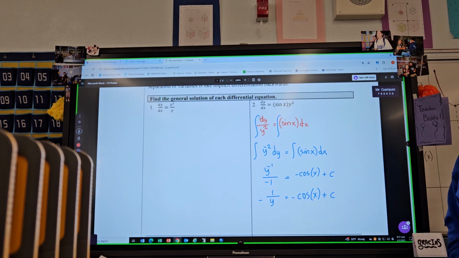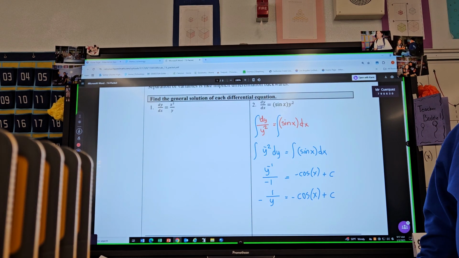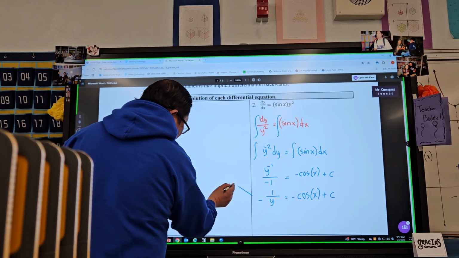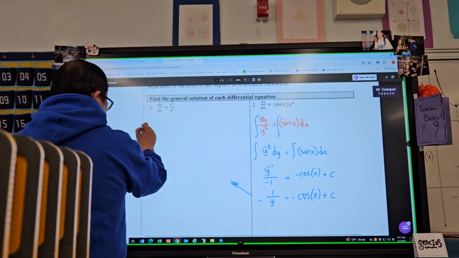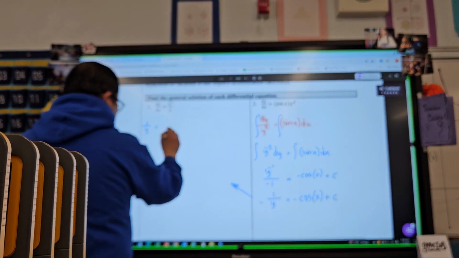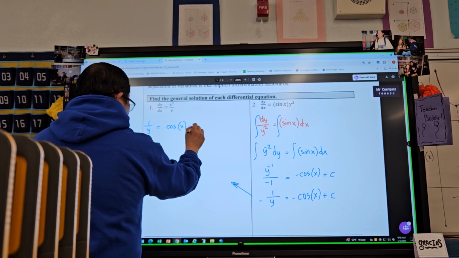Okay, they are both negative, so we can divide by negative, so that turns to positive, right? So can I continue right here? So we now have 1 over y is equal to cosine x plus the constant.